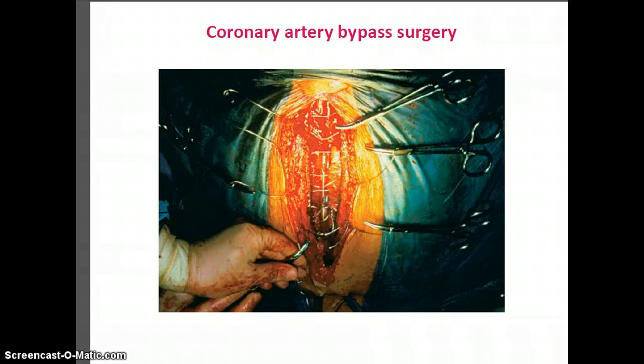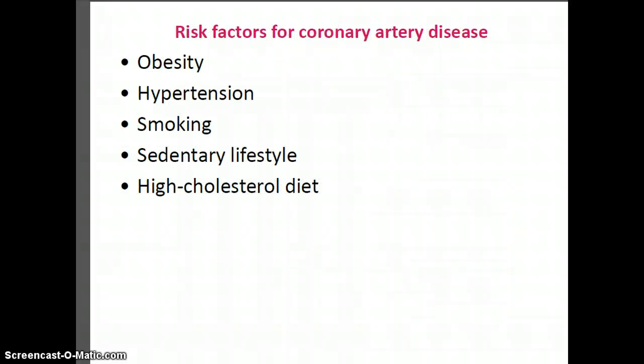Or coronary artery bypass surgery, in which generally an individual's other vessel, piece of another vessel, is taken and then used to graft to the non-occluded portions of the coronary artery and form a clear passageway. One of the problems with this is, unless a person's lifestyle changes or unless they're under proper medication, even the bypass graft can become occluded again.